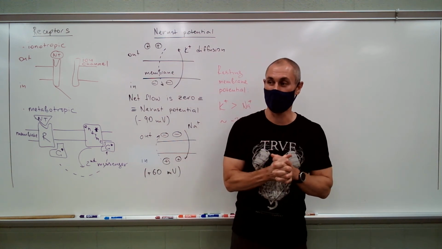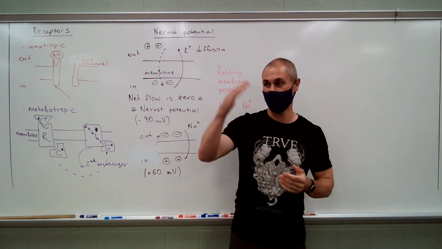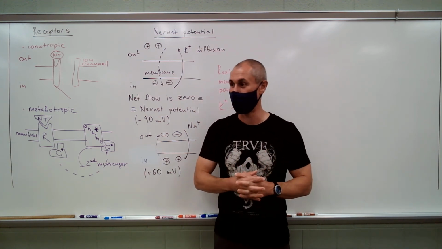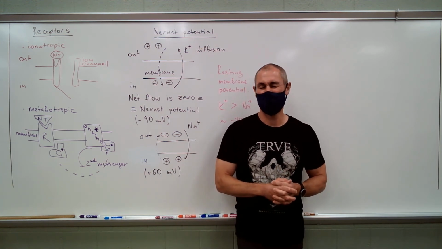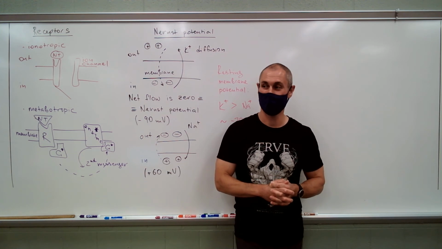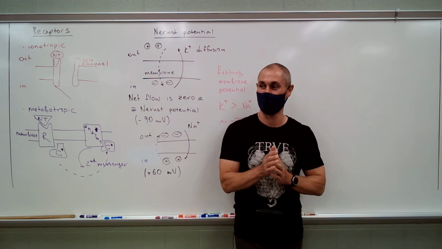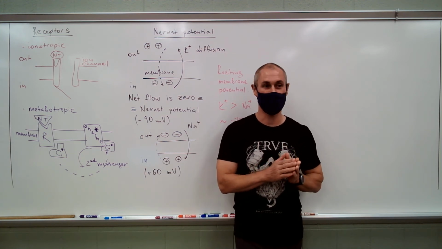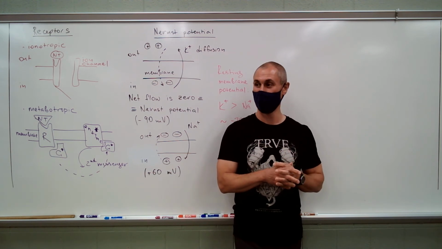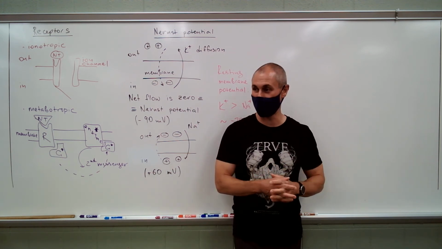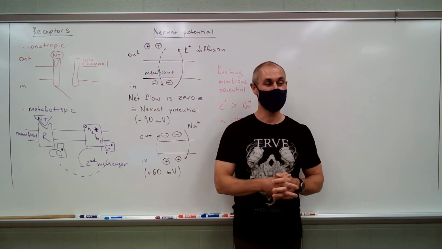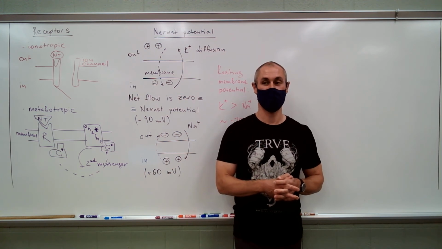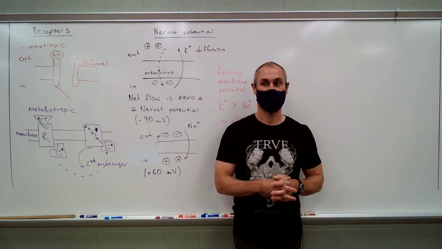I tend to rate my questions on a scale of out of 10. About 3-4 out of 10. An interesting question that I want to ask: imagine that you have a hypothetical ion. We don't have to give it a name. Its concentrations inside the cell and outside the cell are the same.